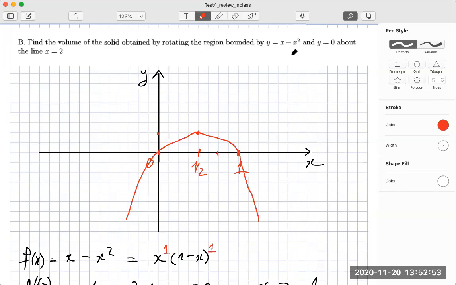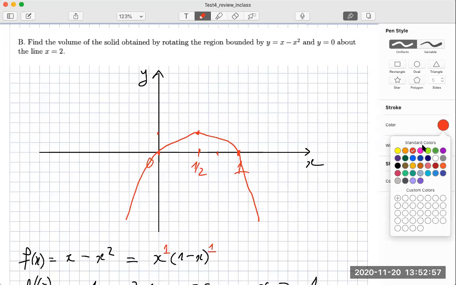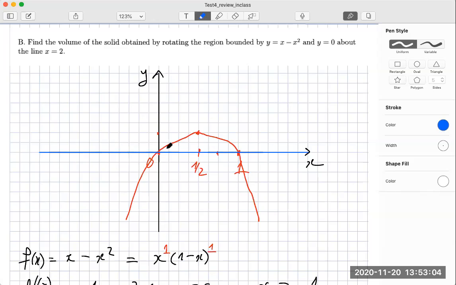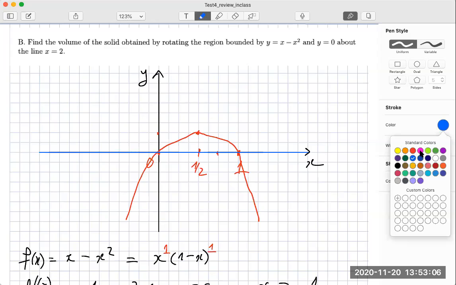And this region is bounded by y equal to 0. What is the line y equal to 0? The x-axis. Perfect. This is y equal to 0. And another line at x equal to 2.